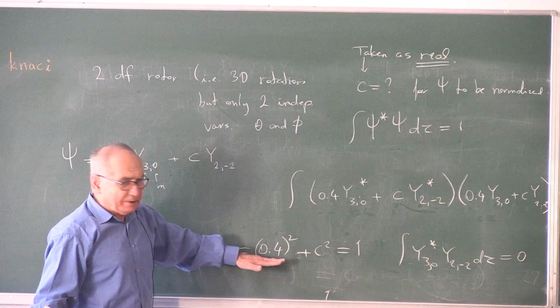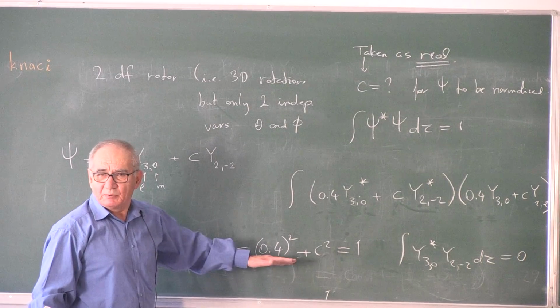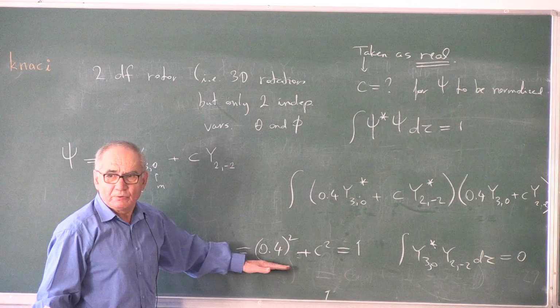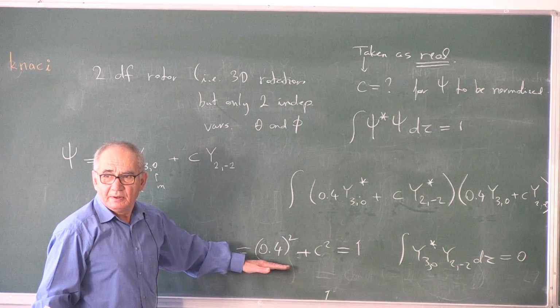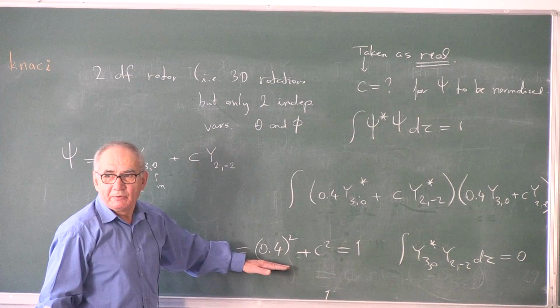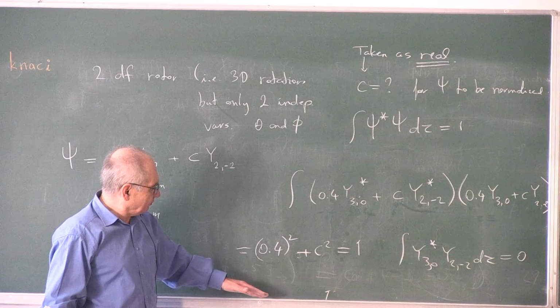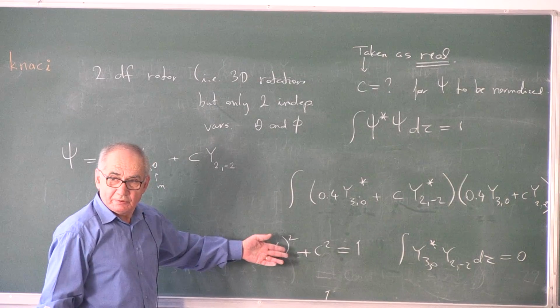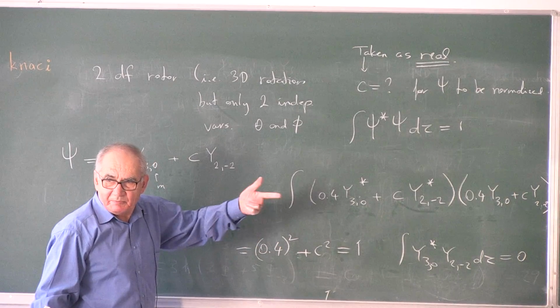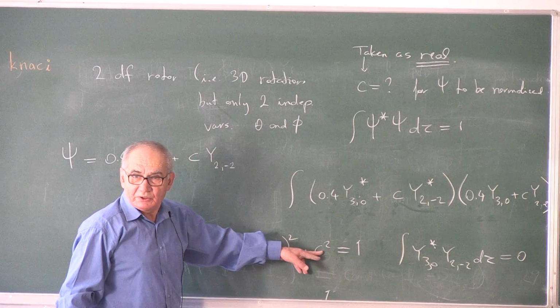So this is an equation, and this equation contains how many unknowns? One unknown. What is the symbol for the unknown? C. 0.4 is a fixed number. 1 is a fixed number. The symbol for the unknown is c square.